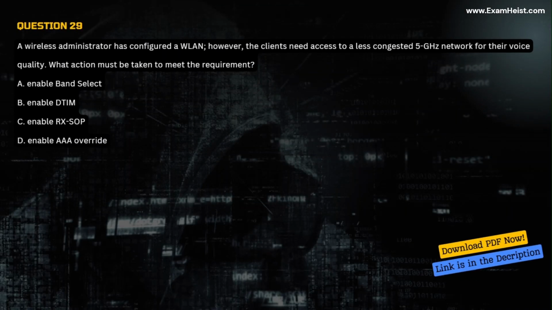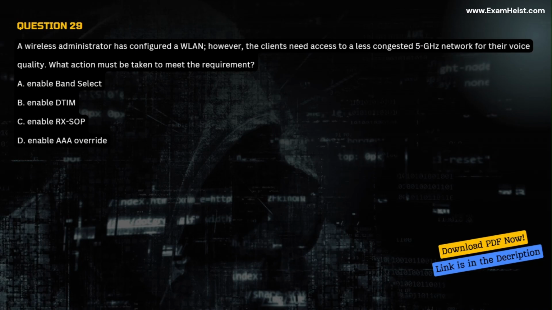Question 29. A wireless administrator has configured a WLAN. However, the clients need access to a less congested 5 GHz network for their voice quality. What action must be taken to meet the requirement? A. Enable band select. B. Enable DTIM. C. Enable RxSOP.